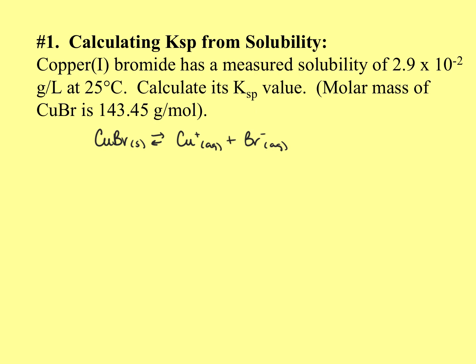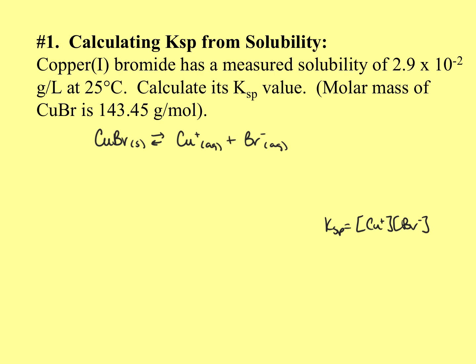So Ksp would be Cu positive times Br negative. And given the solubility in grams per liter, like if you have 1 liter of water, what's the maximum amount of grams that can be dissolved? In this case, it would be 2.9 times 10 to the negative 2 gram.